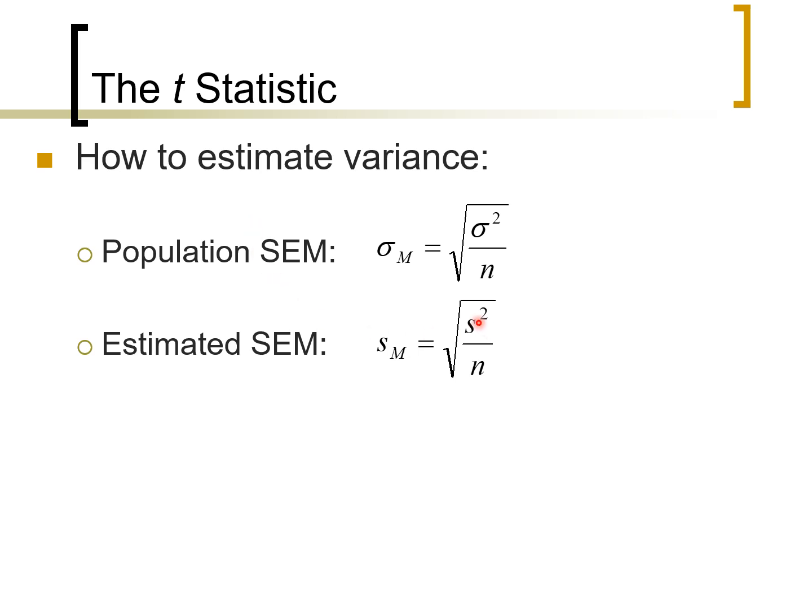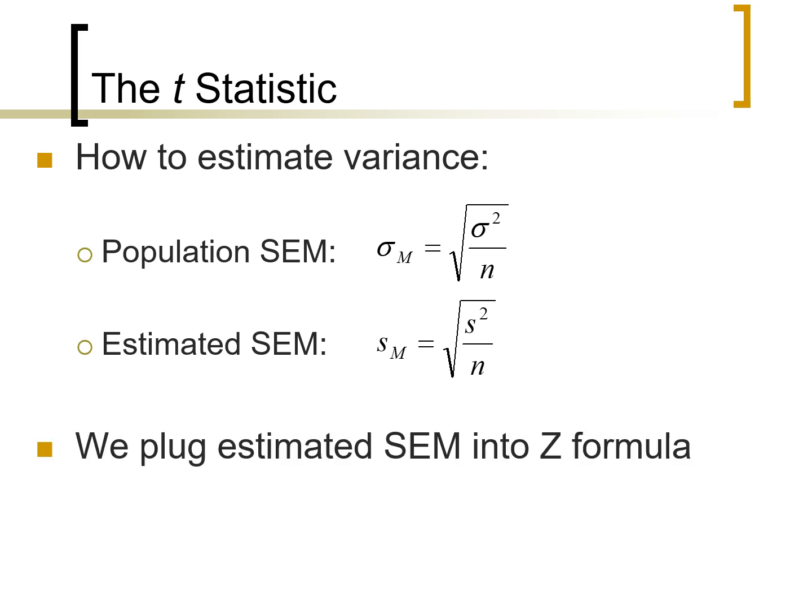Now, if you see this S, this is again dealing with our sample standard deviation, or if it's in the square term, sample variance. And then the resulting number we get is what we call our estimated standard error.